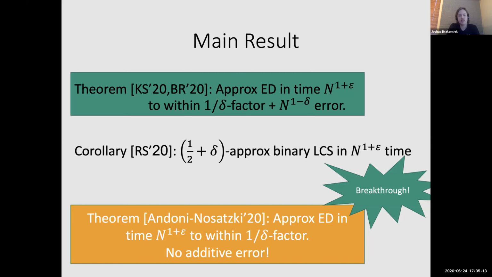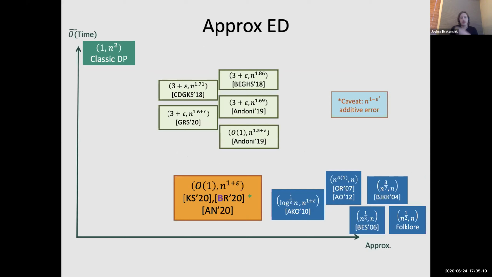So understanding both can be useful. Okay, and taking a step back at just the landscape of results on approximate edit distance, a giant gap right now is trying to figure out a 1 plus epsilon approximation factor for edit distance in subquadratic time.